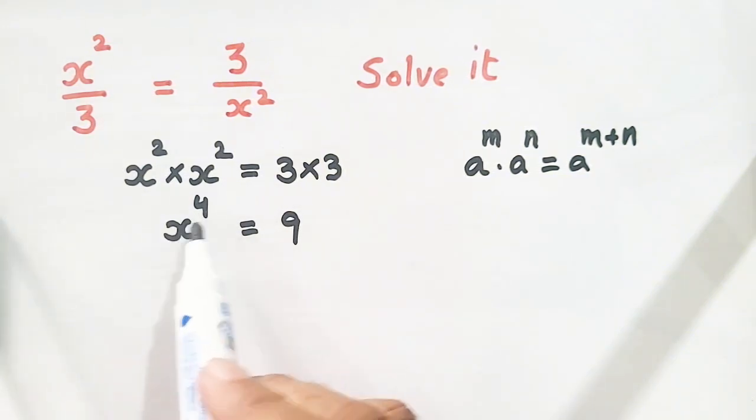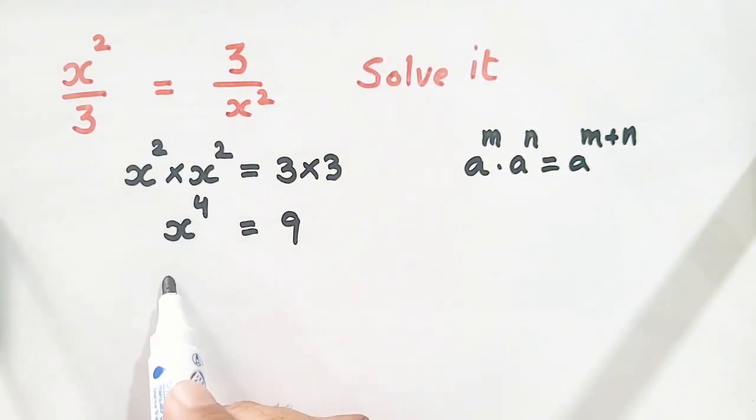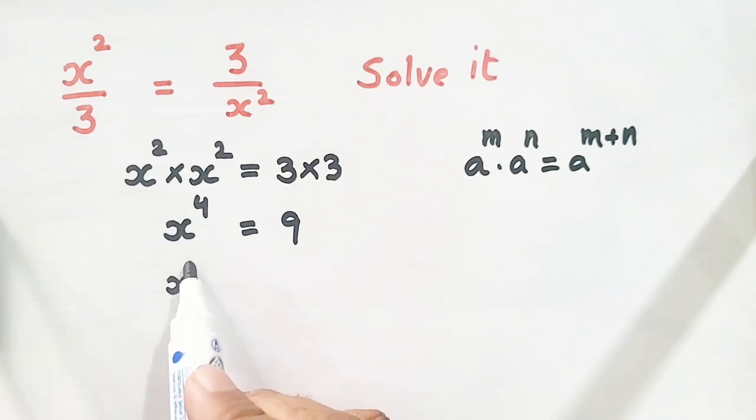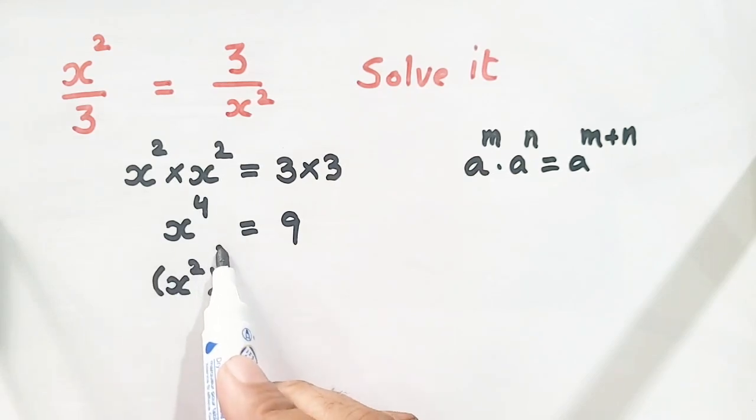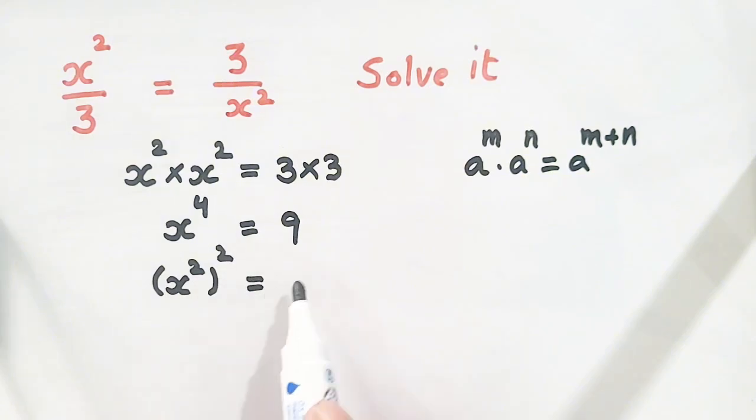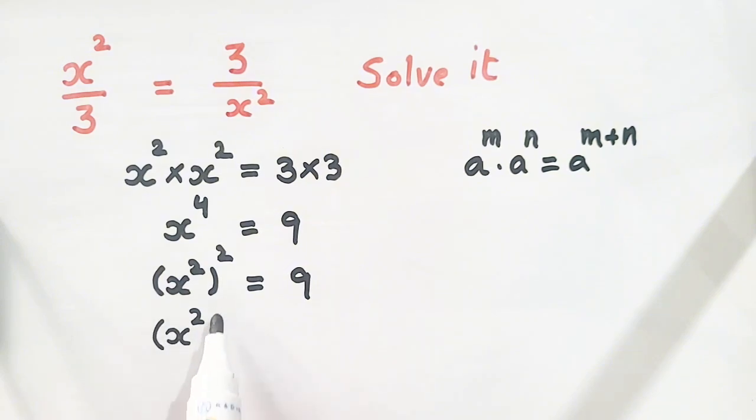Now we make it squared, so we can write it as x to the power 2 and whole squared is equal to 9. Shift 9 to the other side, so it will become x squared whole squared minus 9 is equal to 0.